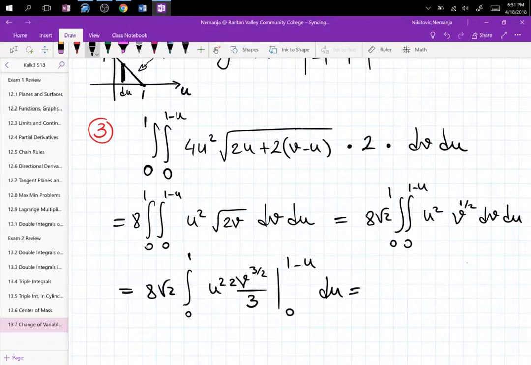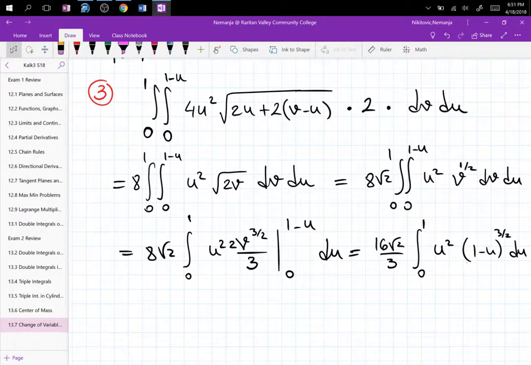Kick 2/3 outside because we don't need that, so that's 16 root 2 over 3, integral 0 to 1. We have the u squared, and now you have the parenthesis 1 minus u to the 3 halves over here, du.